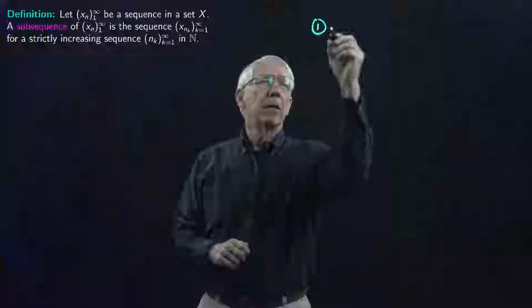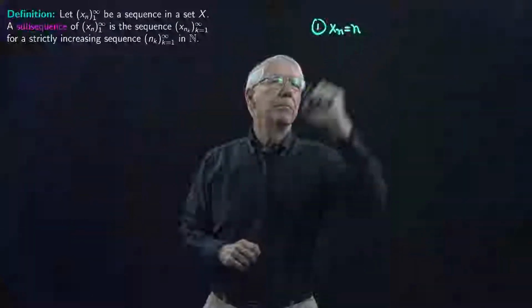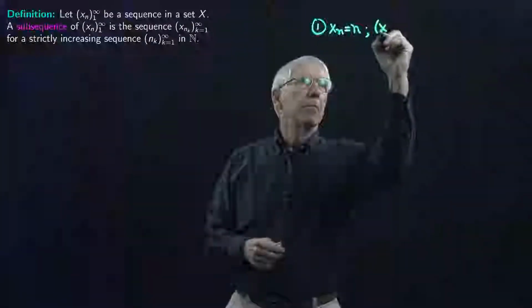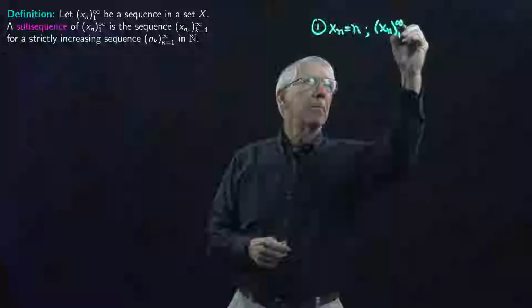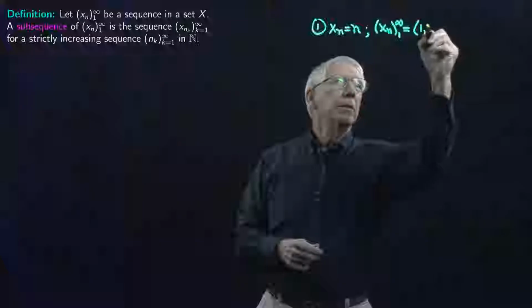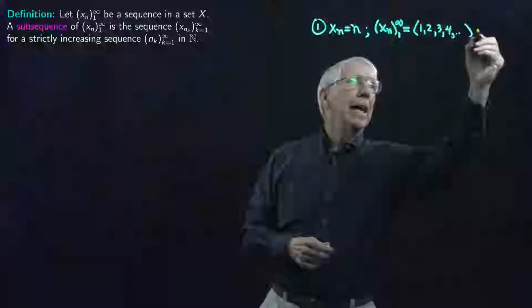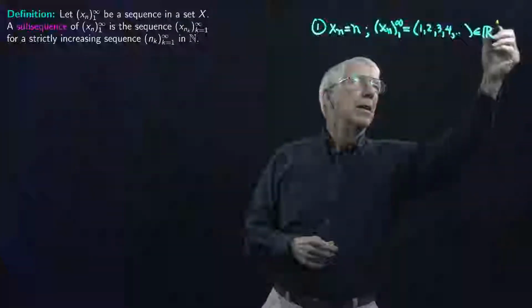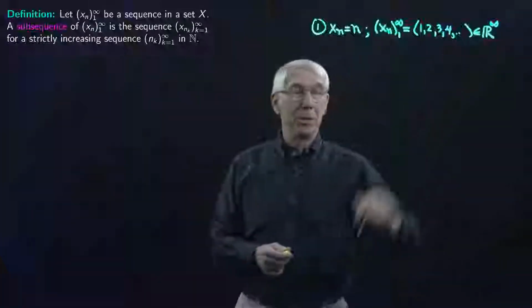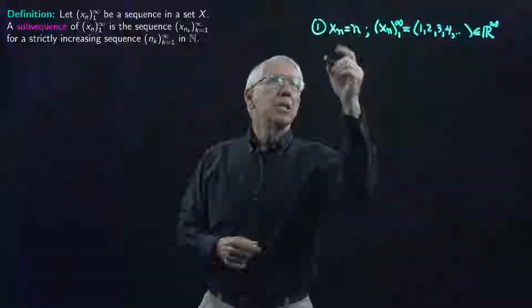So let's start with an example. In our first example, let's say x sub n is just n. So this sequence is 1, 2, 3, 4, and so on. We could even say it's in R infinity, and actually in N infinity because they're all natural numbers. Now let's look at a subsequence.